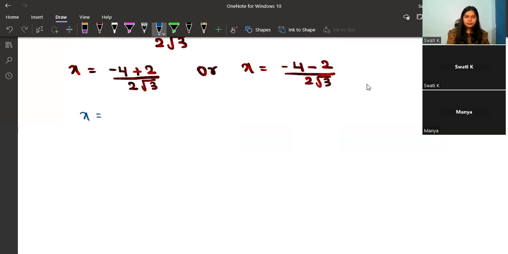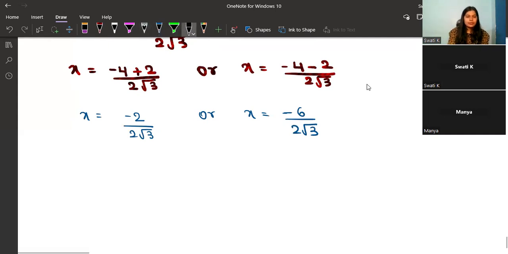Minus 2 upon 2 root 3. Or x equals, what will be the answer here? Minus 4 minus 2, what will be that? Minus 6 upon 2 root 3.